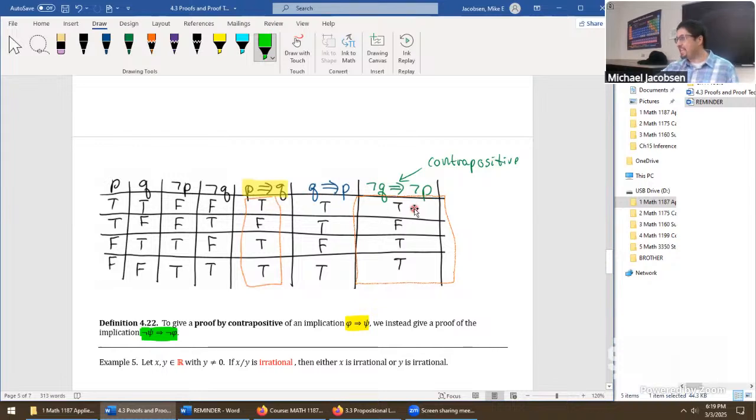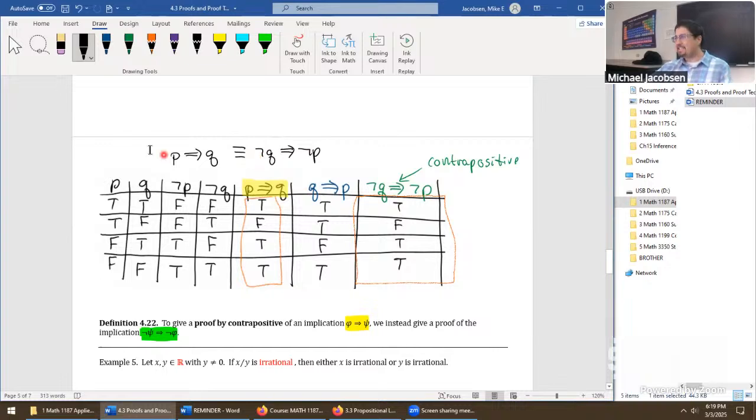Let's directly check that, true to true, false to false. So we are being told P implies Q is logically equivalent to not Q implies not P.